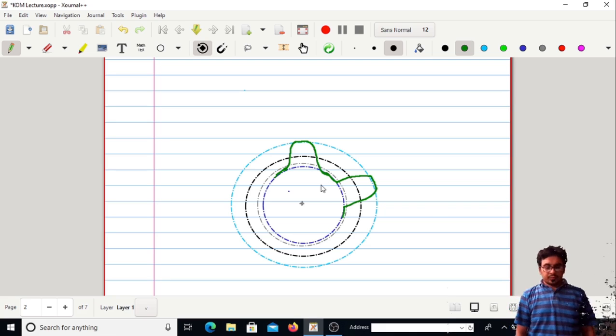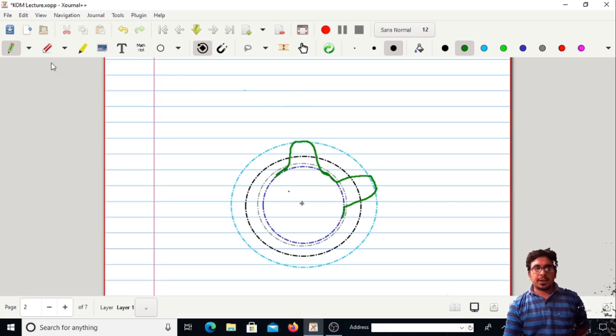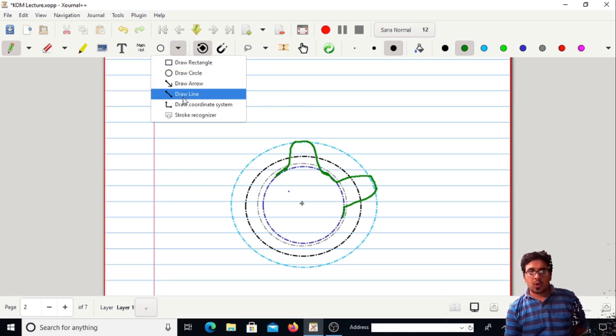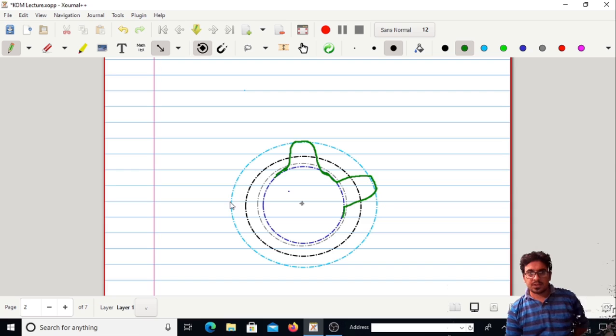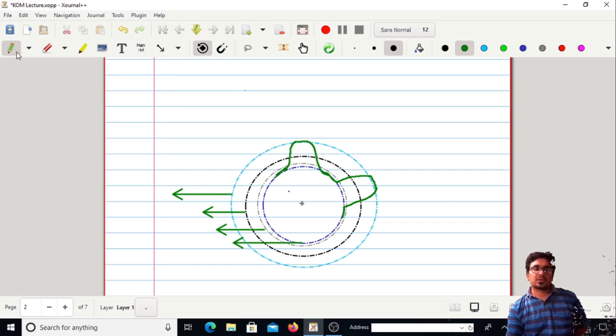Now if we could remember, this outer circle was called the addendum circle. Let me just make the pointing lines for all the circles. This is the addendum circle.